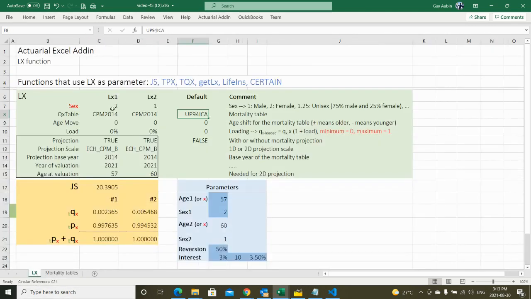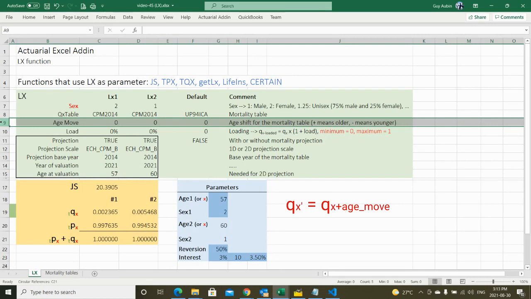So going back, okay, next parameter is age move, and age move is a shift in the mortality table. It must be an integer, plus or minus. If I use plus 3, it would mean that I move my rate 3 years older. If I have a person age 35, the first mortality rate will be at age 38.